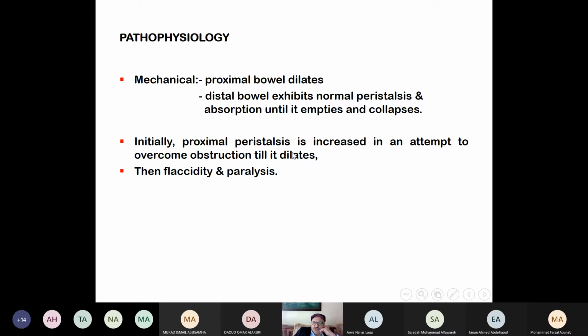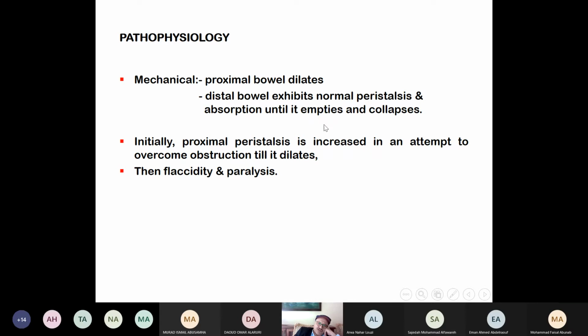Initially, the proximal bowel will contract, will have peristalsis against the obstruction. That's why the bowel sounds will increase and the patient will have cramps. However, after some time, when the small bowel becomes ischemic, the motility will stop and the bowel sounds will be absent.